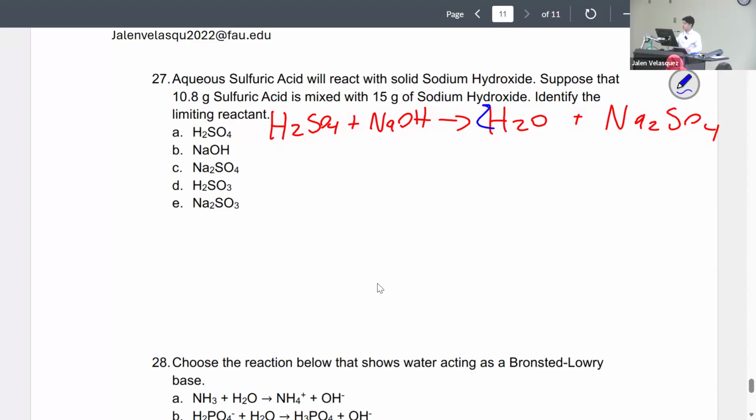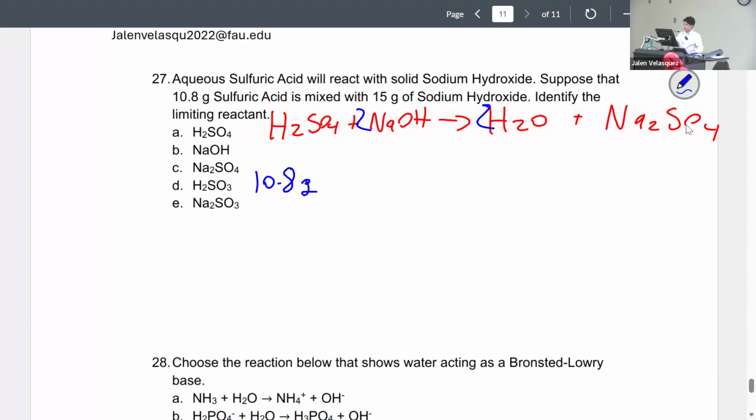You need a 2 in front of water, a 2 in front of NaOH. And then from there you can do your stoichiometry. Here you can choose whether you want to calculate to the mass of the water or sodium sulfate. I did it going to the mass of water just because that's an easy molar mass to get.